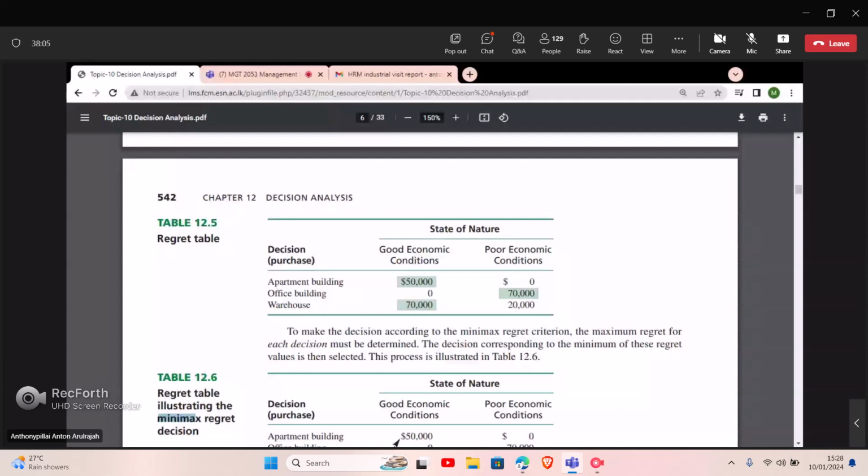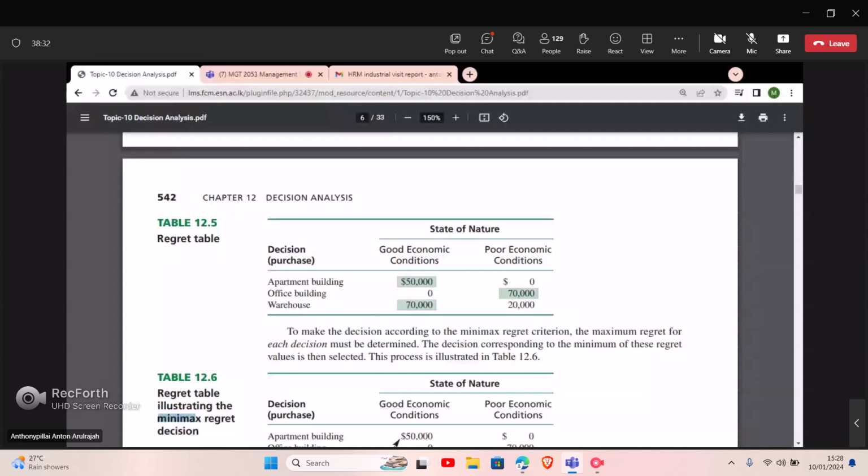Explanations are given here. According to the minimax regret criteria, you see that the decision should be to purchase the apartment building rather than the office building. This decision is based on the philosophy that investors will achieve the least amount of regret by purchasing the apartment building.